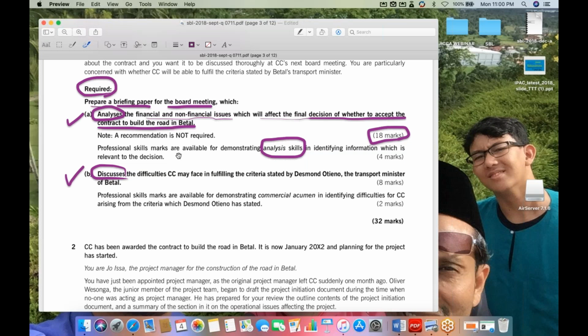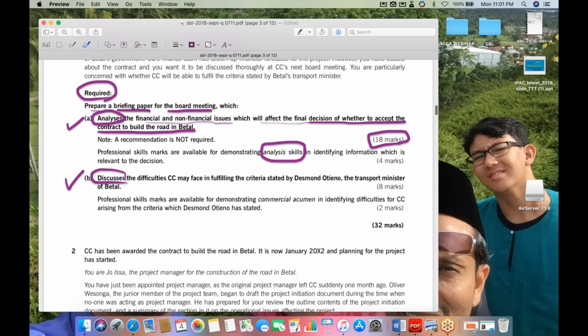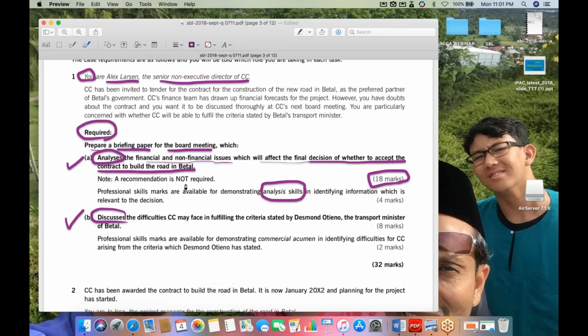So your briefing paper will be one briefing paper, but inside it you will have two things that you must have in order to get the professional marks. So one briefing paper comprising two things.